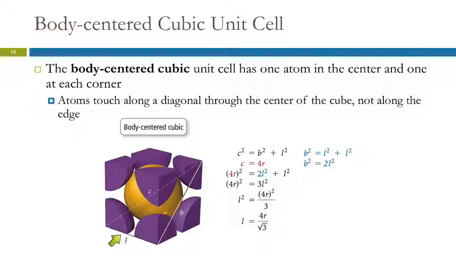And what we're trying to find is this L here, and so you can use some geometry with triangles, and you come out with L is equal to 4R over the square root of 3. And again, you don't have to memorize that. But you need to know what it represents.